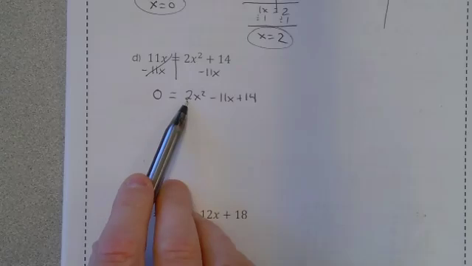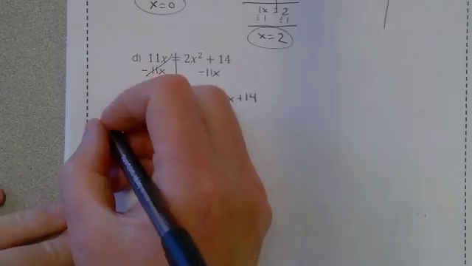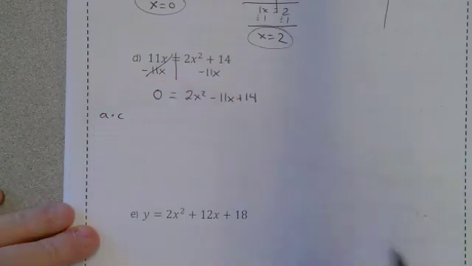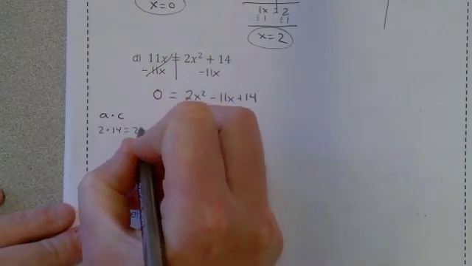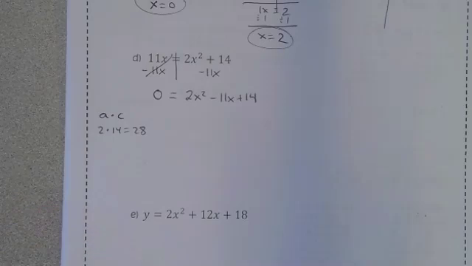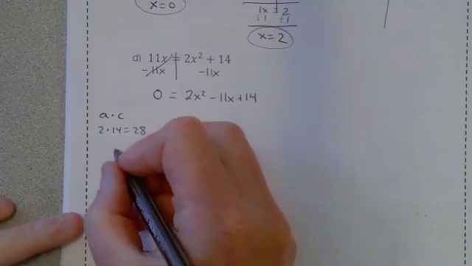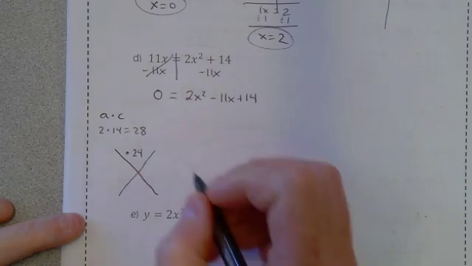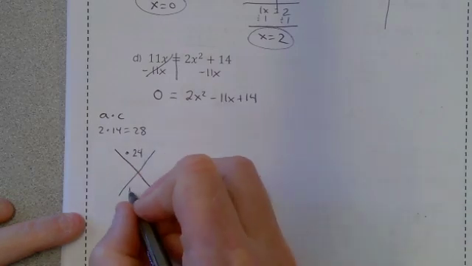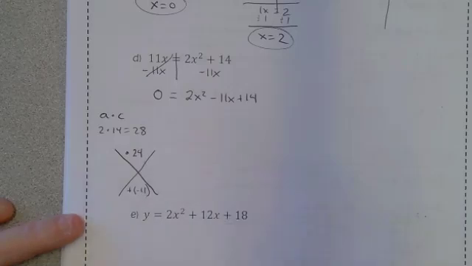So remember, when we have a number in front that's bigger than 1, we have to do a times c first. So 2 times 14 equals 28. So what I'm looking for now is things that multiply to 28 but add up to negative 11.